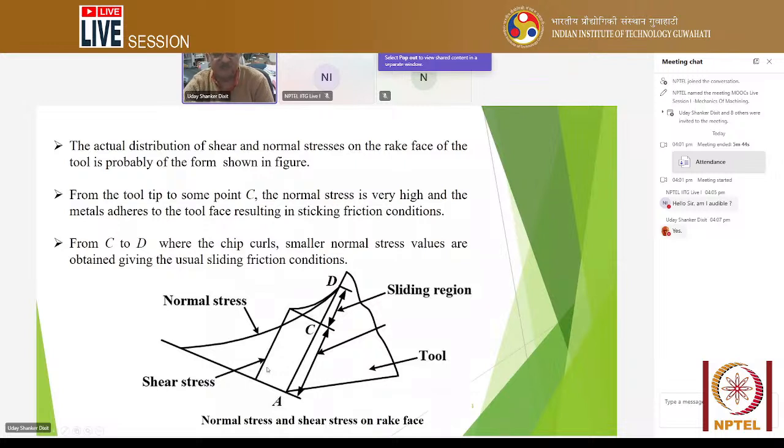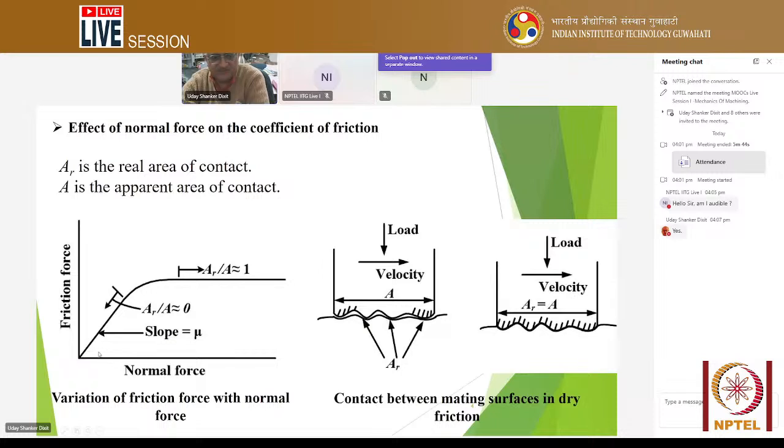But then we defined the average as an equivalent Coulomb's coefficient. But as such, Coulomb's model is not applicable for machining. We also said that in general, if the normal force is much more, then the friction force doesn't change with the force.